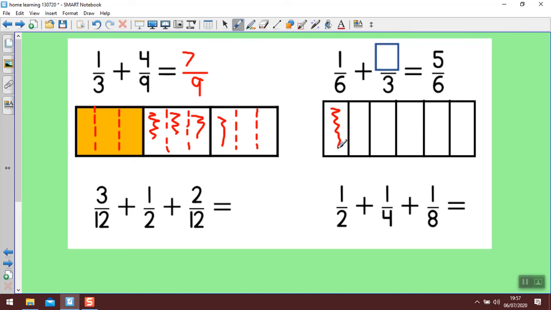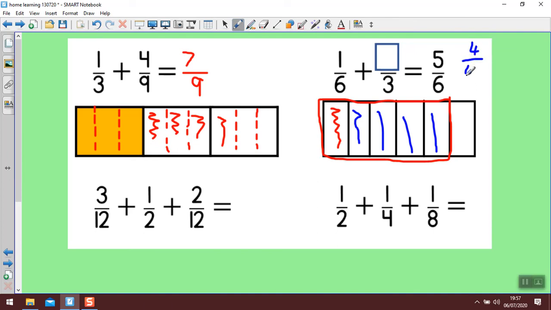I need to know what I add in thirds to make 5/6 altogether. Well, this here is 5/6. So 1/6 add how many sixths make 5/6? 1/6 add 4/6 equals 5/6.